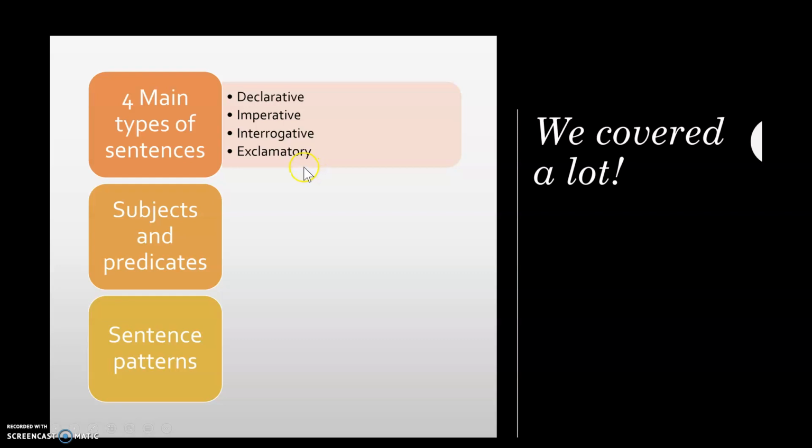expresses intense emotions. We talked about subjects and predicates and the difference between a simple subject and a complete subject, and a simple predicate and a complete predicate. We talked about those sentence patterns, very briefly, but that was things like subject, intransitive verb, complement, or subject, transitive verb, direct object.